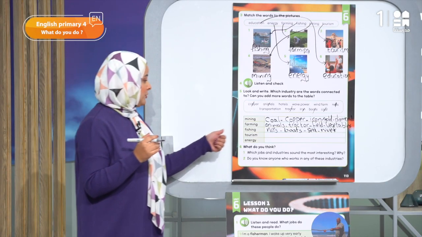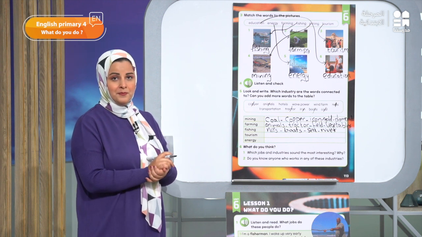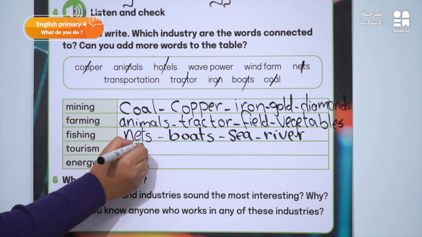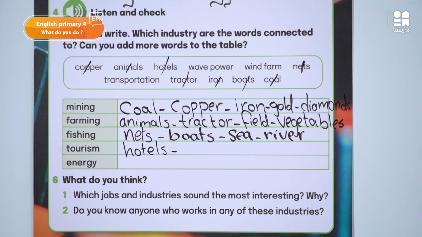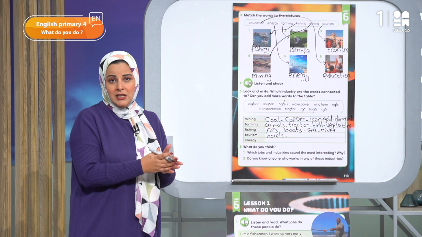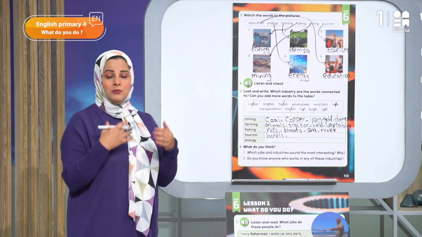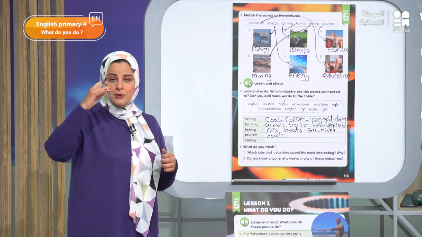Let's go to tourism. Which words are related to tourism? We have hotels. And also we have transportation. إيه علاقة الترانسبورتيشن؟ The tourists need transportation. السياح بيستخدموا الباصز وبيستخدموا التاكسيز وبيستخدموا even the airline, okay, or the aircrafts or the aeroplanes.